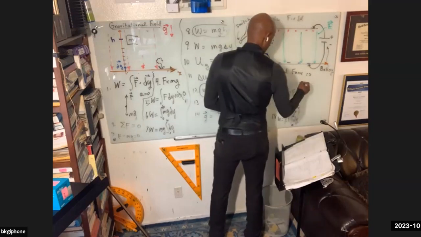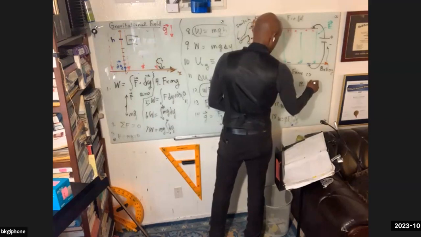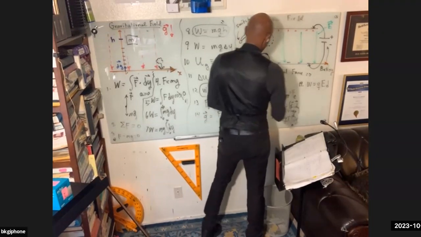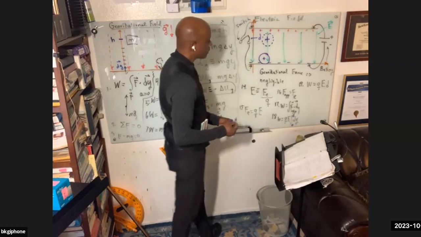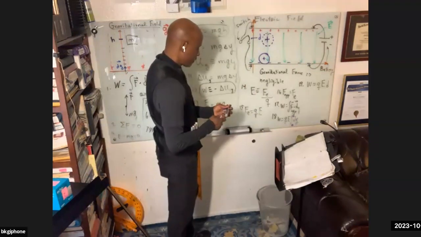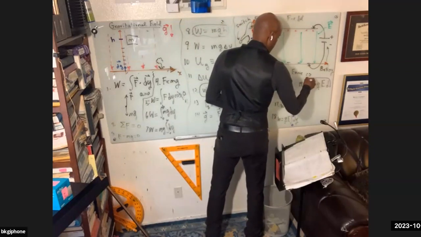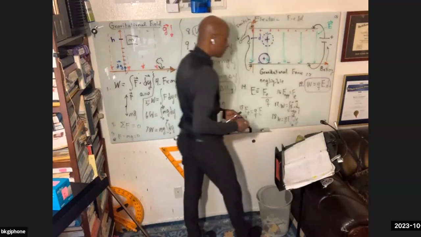In the end, we can say that the work is equal to Q, the magnitude of the charge, E, the magnitude of the field, and d, the distance that I have gone in that field. I've raised the object from 0 up to that position, d.